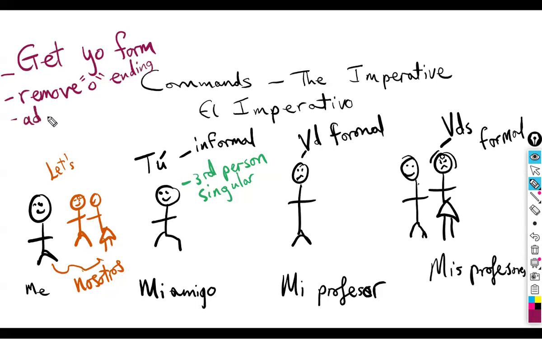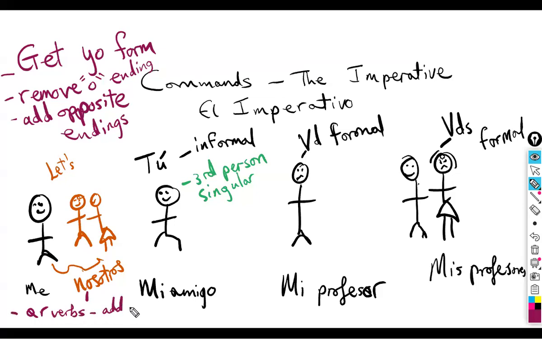And then we basically add the opposite endings. So for AR verbs, for the nosotros, we add EMOS. For the ER and IR verbs, we add AMOS.